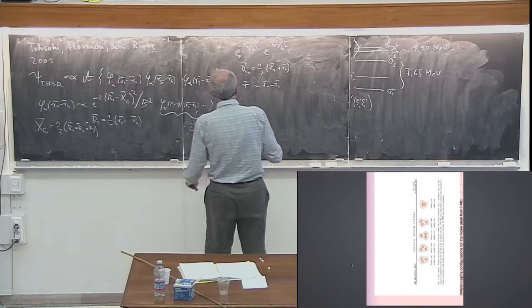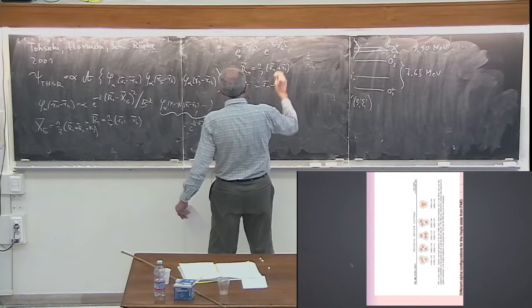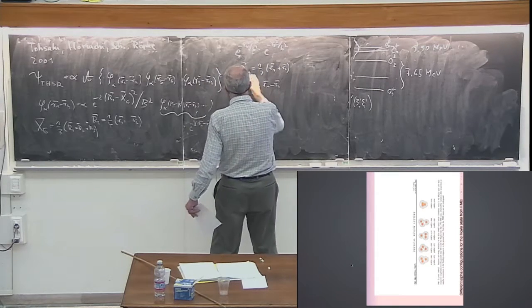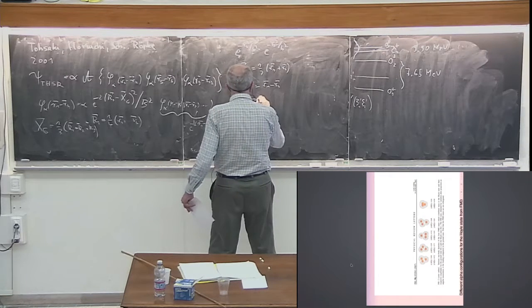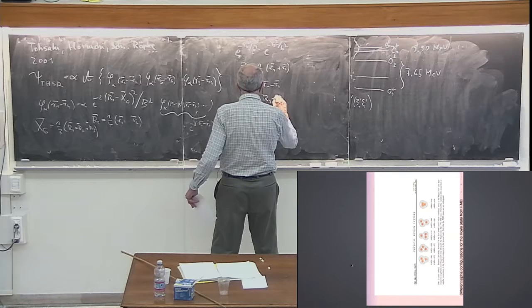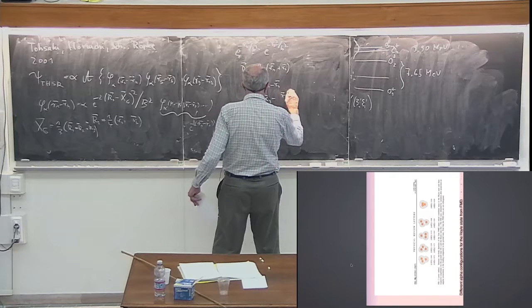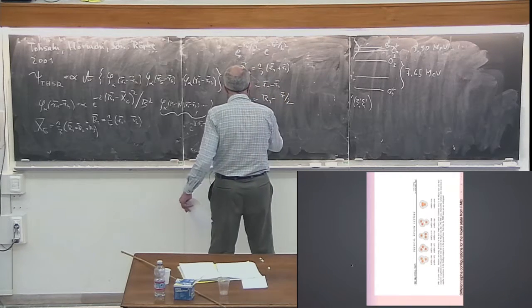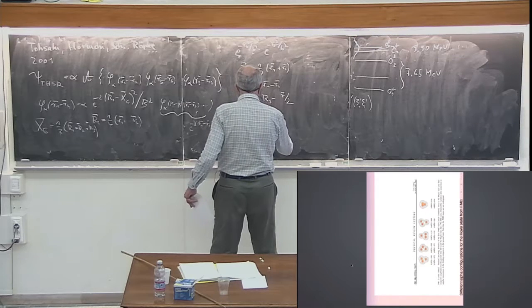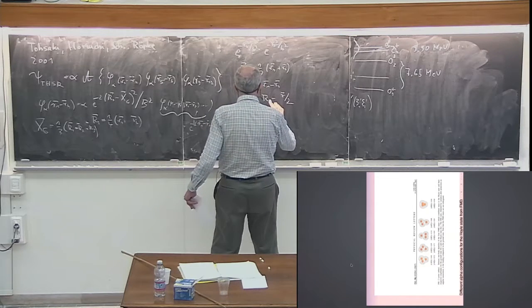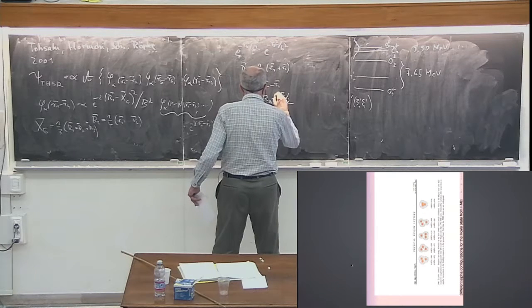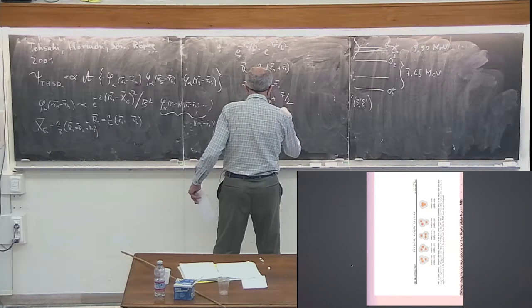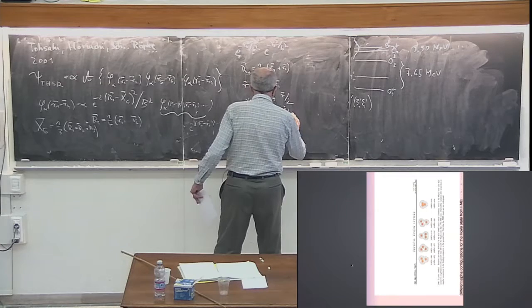If you express R1 and R2 by the center of mass and relative coordinates, you have R1 is capital R plus r over 2, and R2 is capital R minus r over 2.